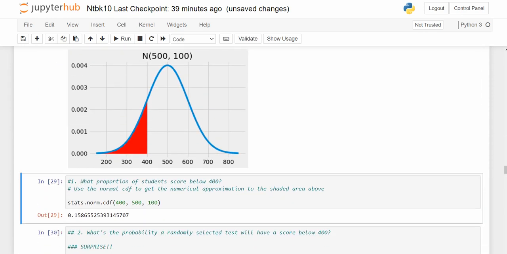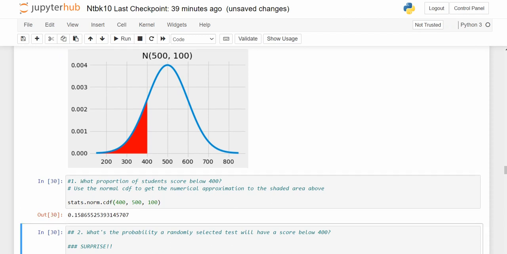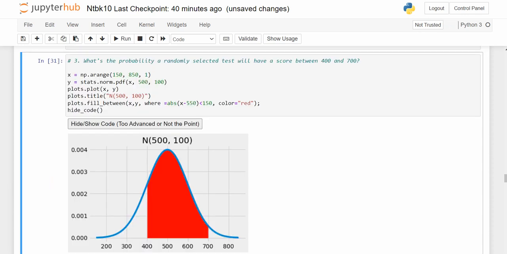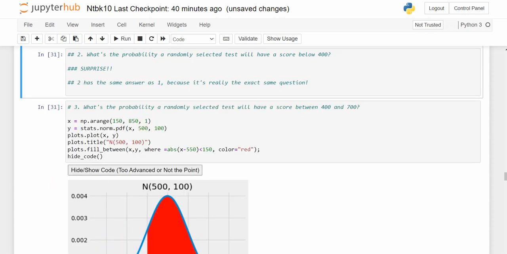We can calculate that, and about 15.8, or about 16%, of students score 400 or lower. This red portion here. What's the probability that a randomly selected test will have a score below 400? It's the exact same question.